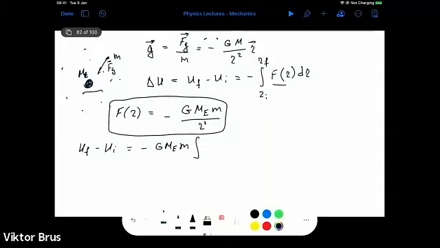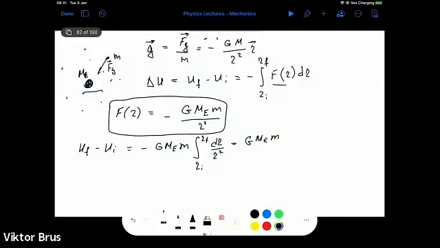Then, since all these are constants, we have the integral from Ri to R final of dR divided by R squared. So we get G M_E times m.